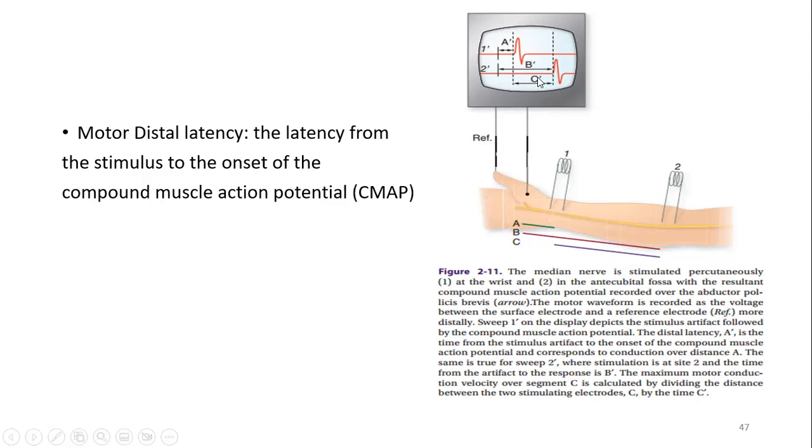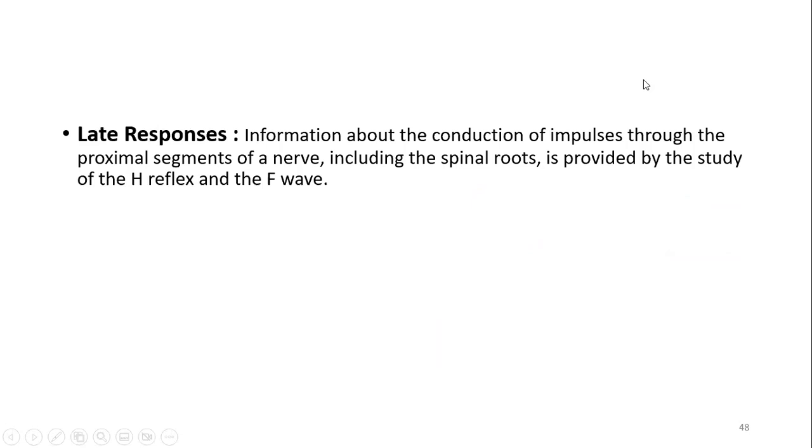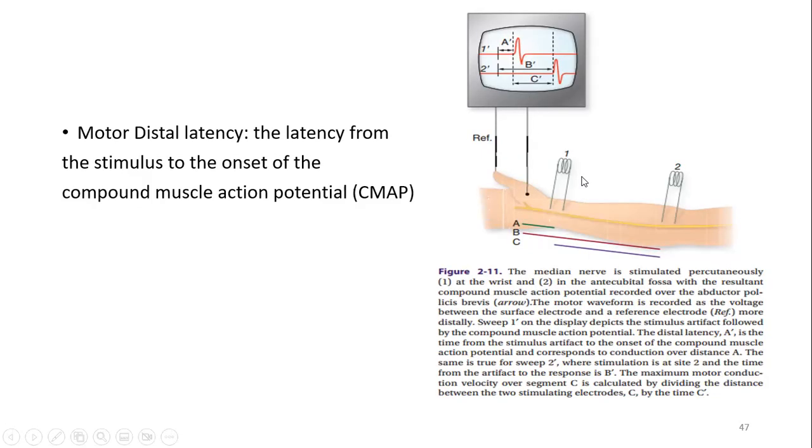By subtracting the latency A prime from B prime, we get C prime, the difference in the latency. We divide the distance between these two electrodes by C prime, and then we get the nerve conduction velocity. This nerve conduction velocity is usually not affected in axonopathy, where peripheral nerve axons are affected, while in demyelinating disease this will diminish significantly.